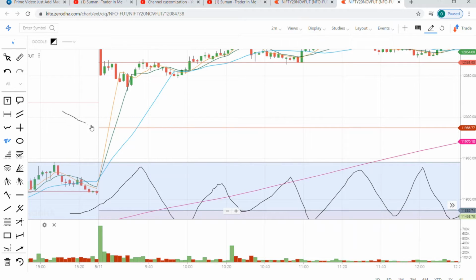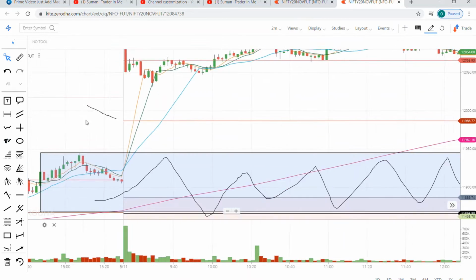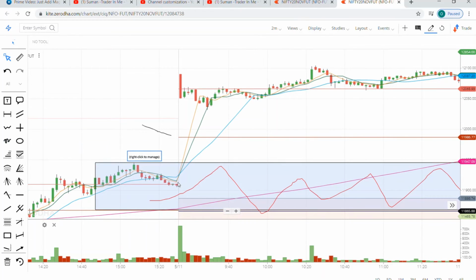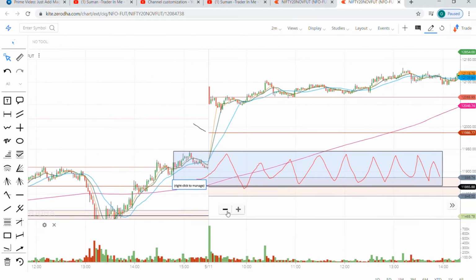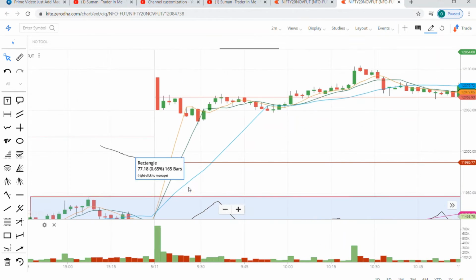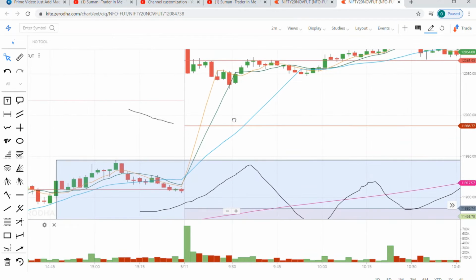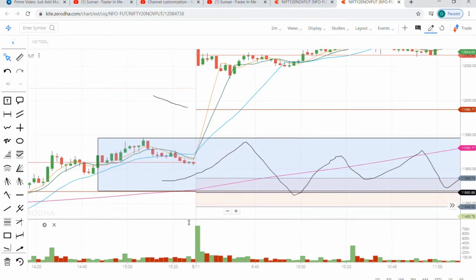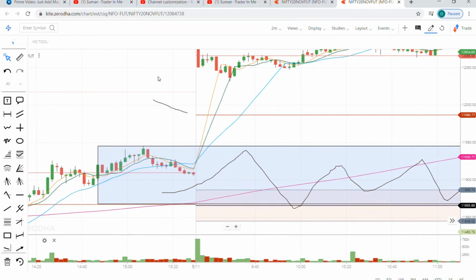Sorry, let me bring it here. The market closed here, but you look at the large move. Consider the previous day's moves and all. Now you see yesterday's close to today's 2 minute candle, right? Let me bring the volume down a little so that you can see.